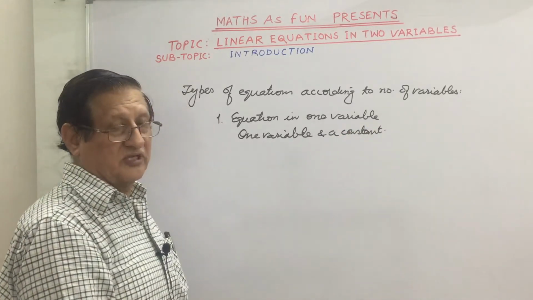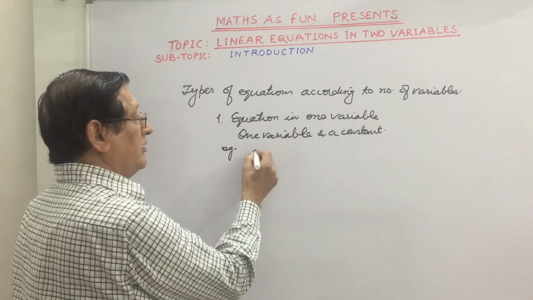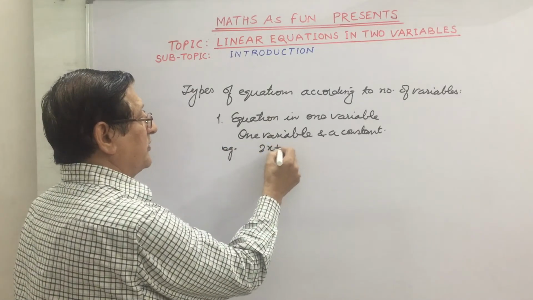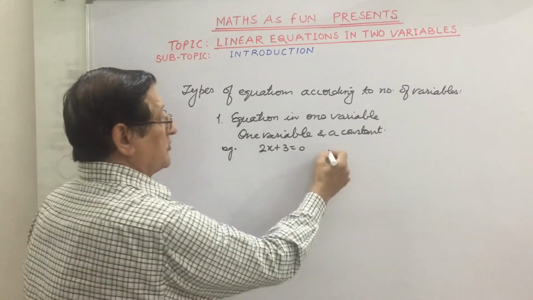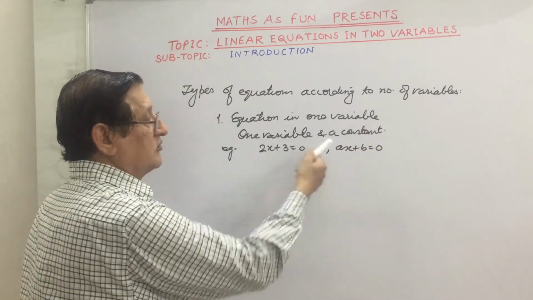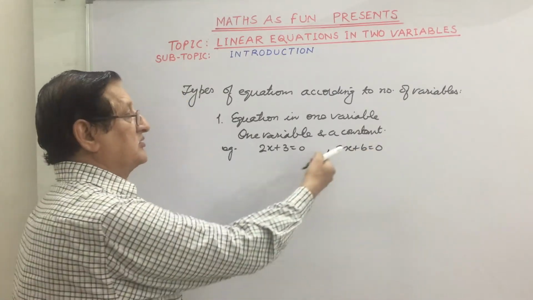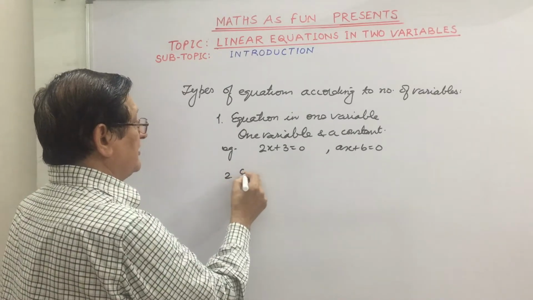For example, it may be 2x plus 3 equal to 0, or it may be ax plus b equal to 0, where a is the coefficient of x and b is the constant term.